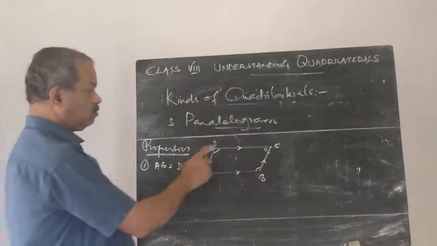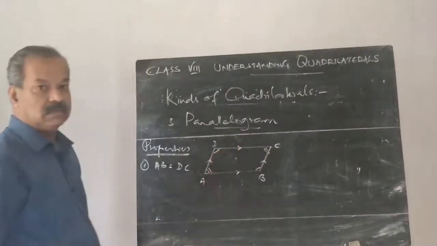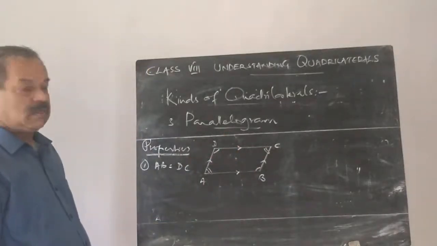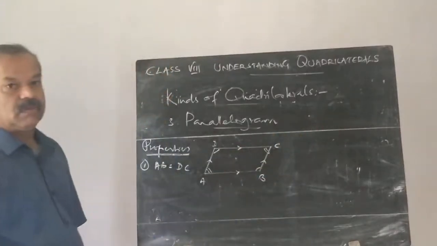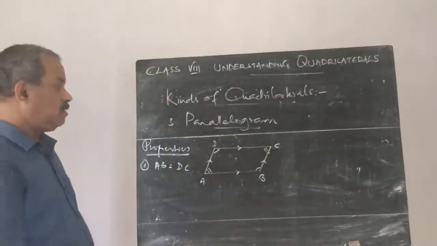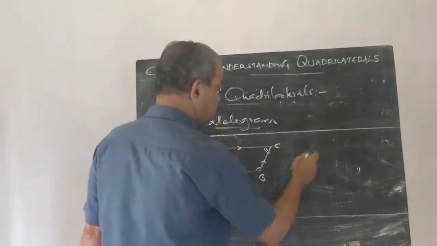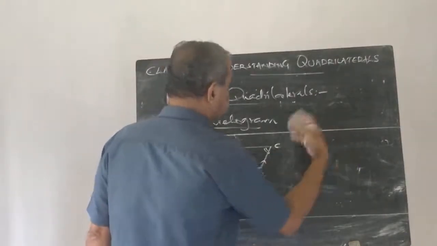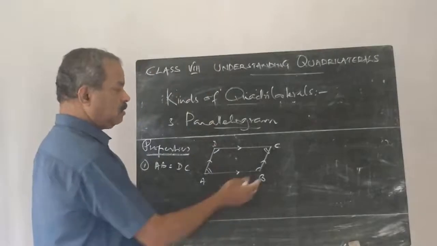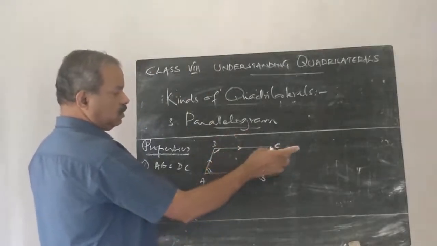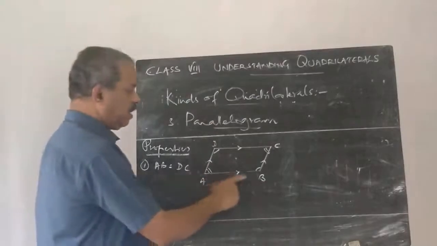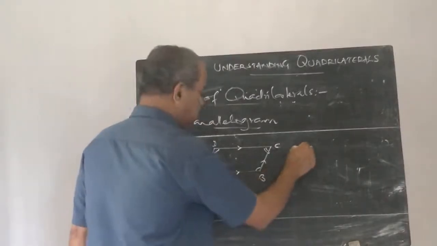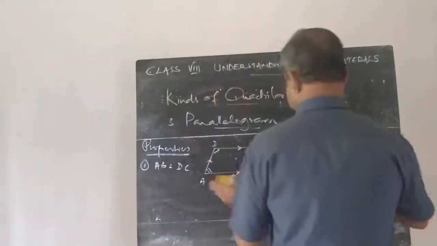You can draw two parallelograms, A, B, C, D. Again, the same parallelogram, a congruent parallelogram. Then cut out the second parallelogram and put it on this one. Suppose the second parallelogram is PQRS.